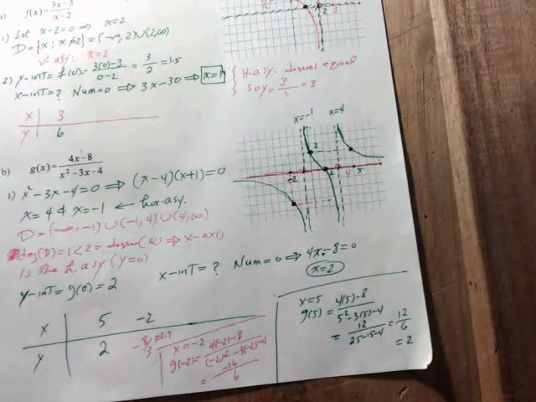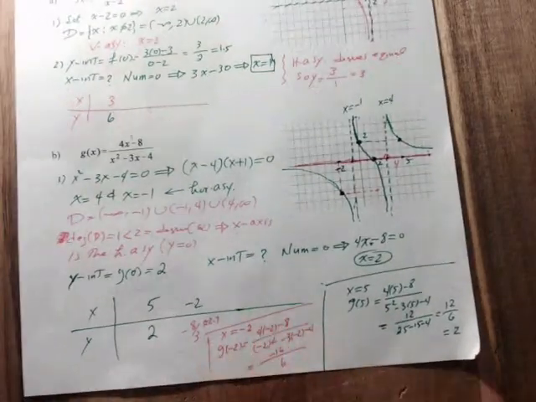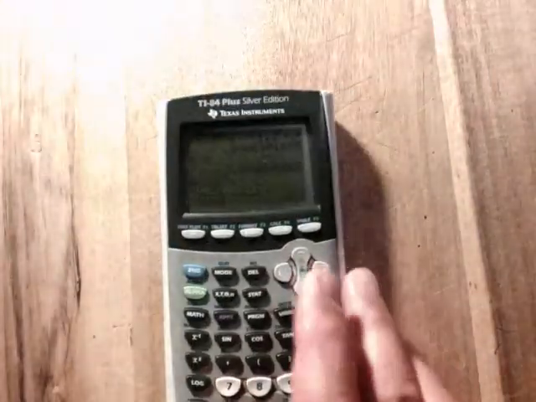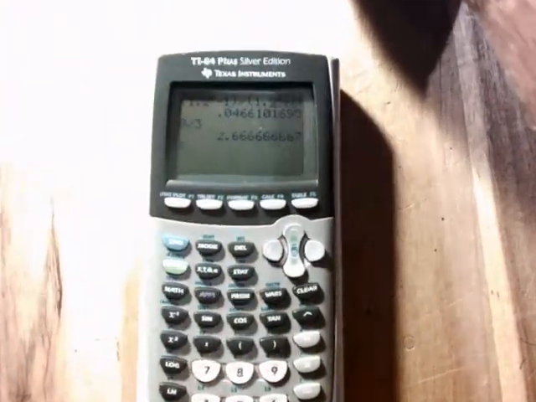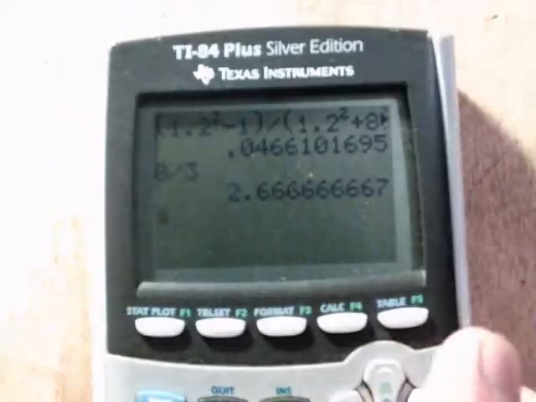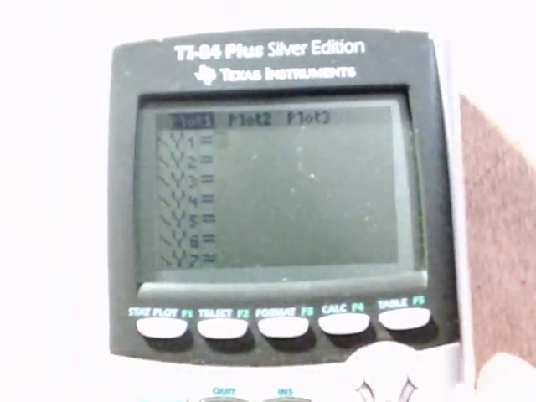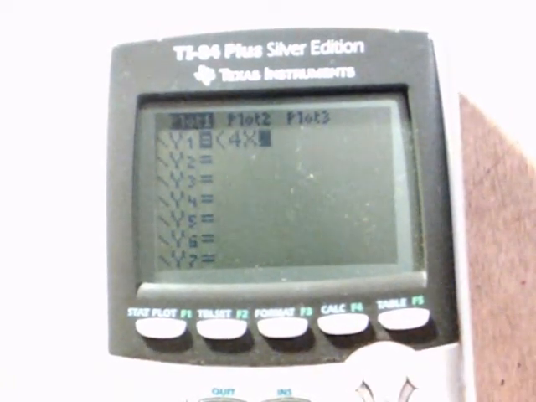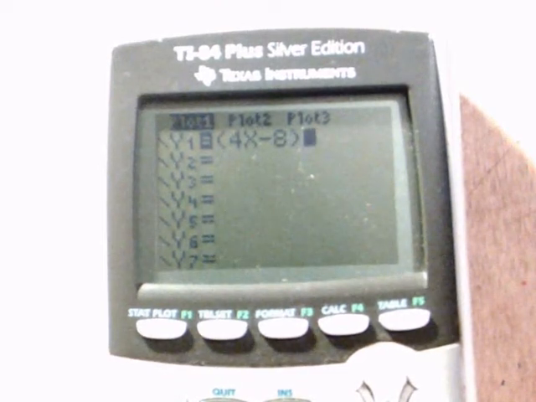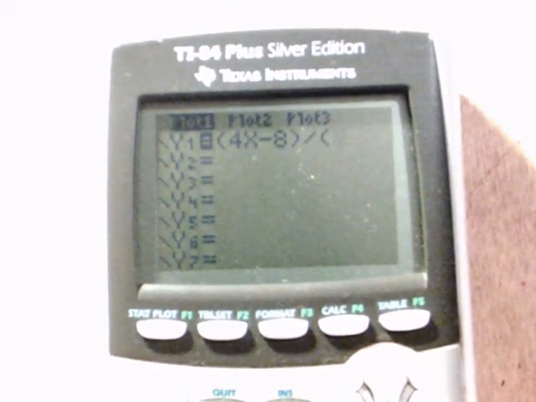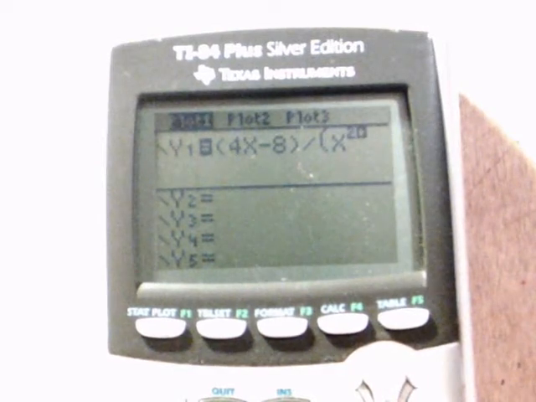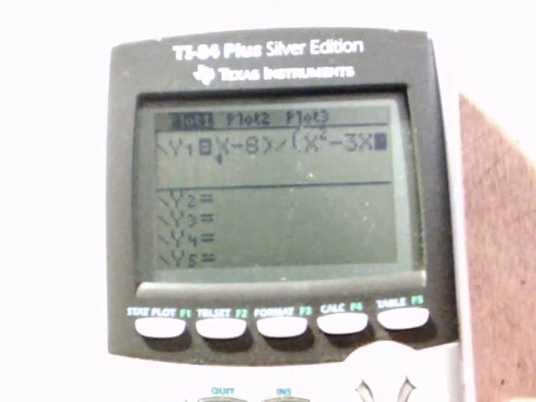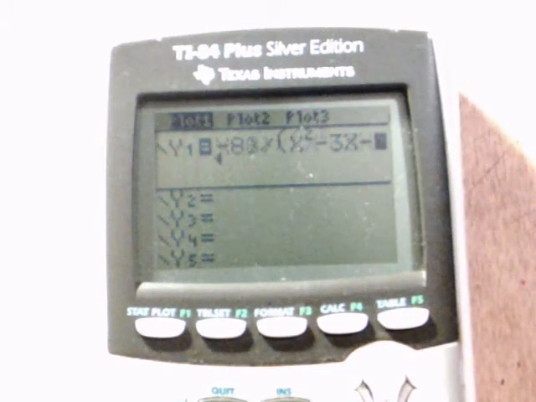Now let me do it with the graphing calculator to see if I get the same thing. So I have parentheses 4x minus 8, divide this by parentheses x to power 2 minus 3 times x minus 4.